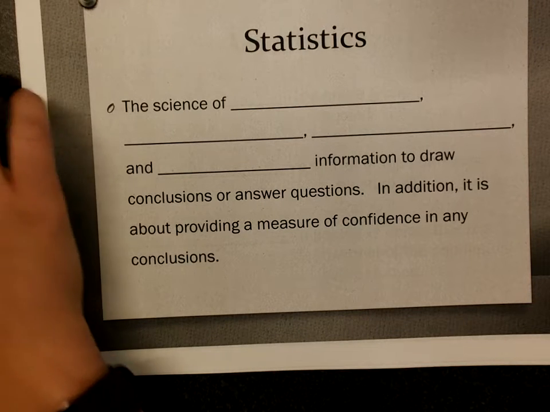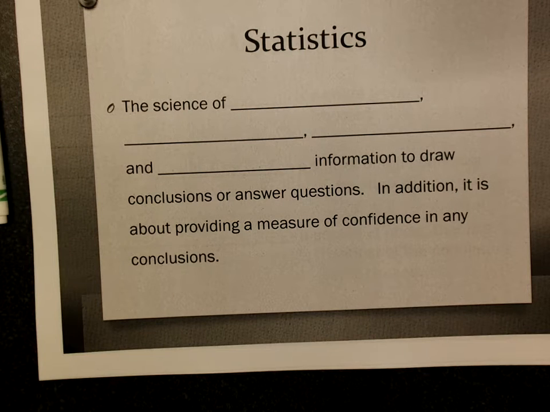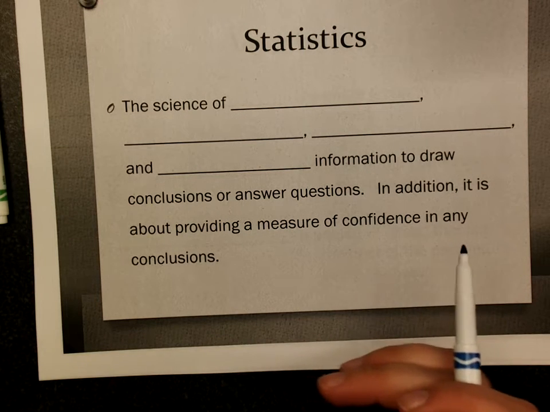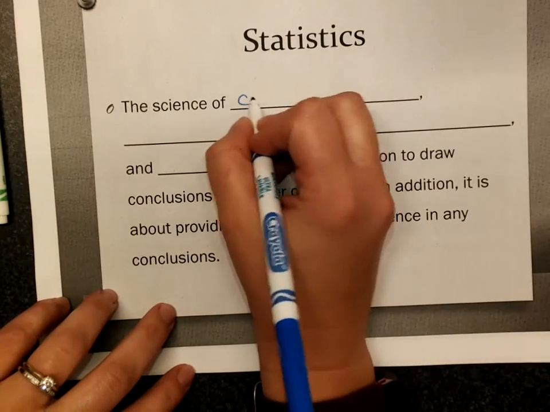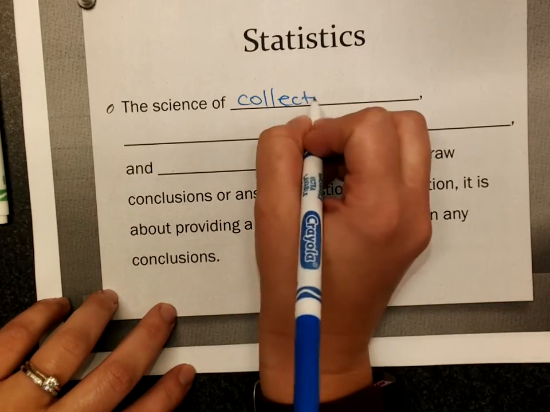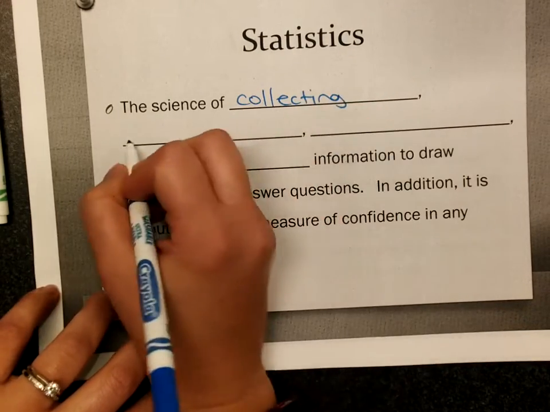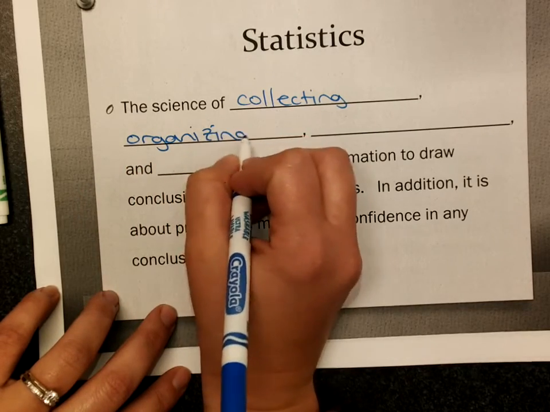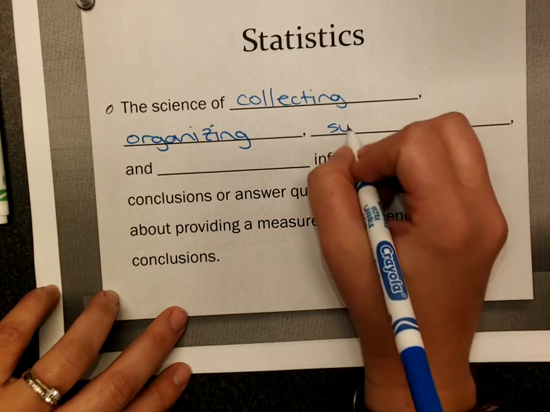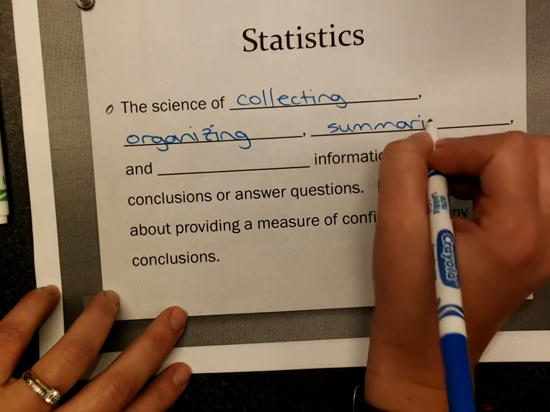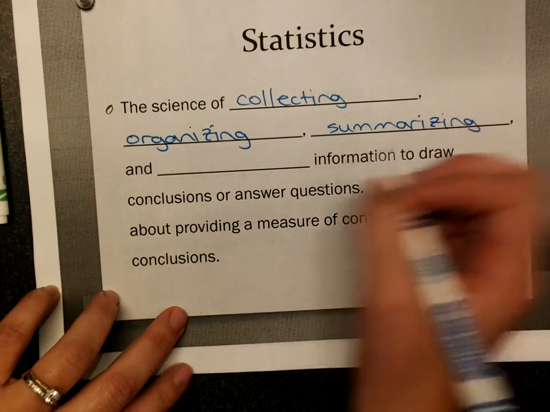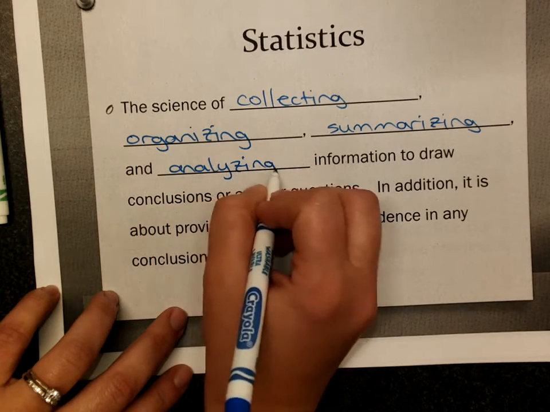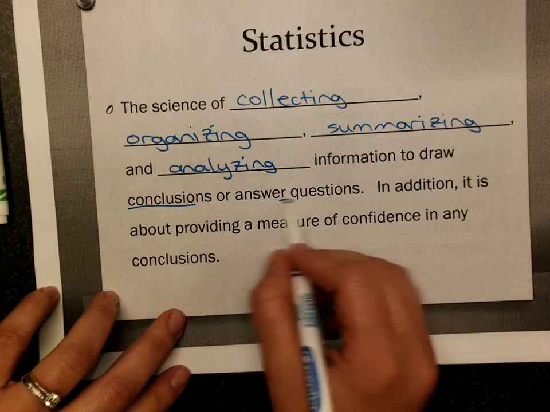So the definition of statistics is in 4 parts, which should be fairly logical based on the process of statistics. And so we have collecting, the science of collecting, then organizing, then summarizing, and finally analyzing information to draw conclusions or answer questions.